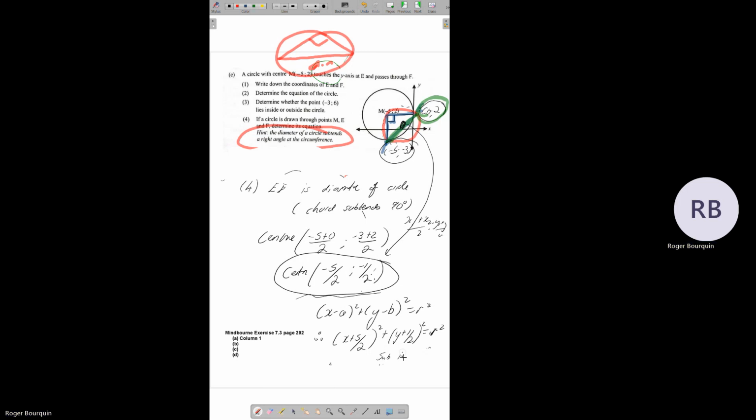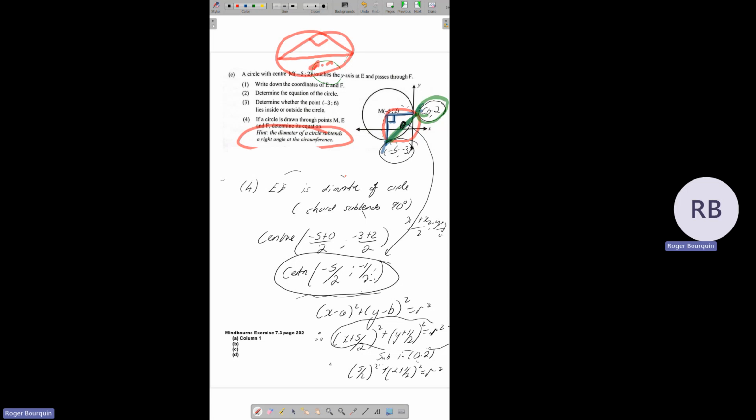You can do it in one step, but sometimes people then get confused. So I'm going to get 5 over 2 squared, because x is 0, and then plus 2 plus a half squared is equal to r squared. And if I stick that into my calculator, I get 5 over 2 squared plus 5 over 2 squared.